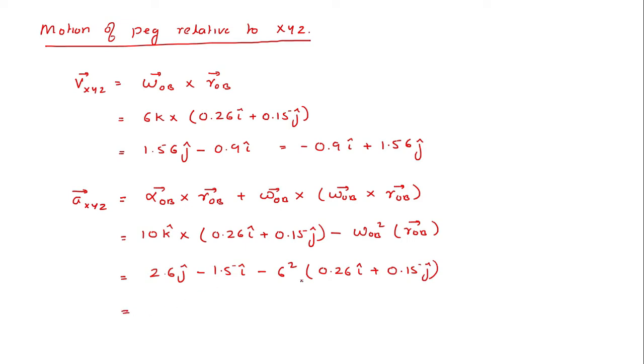So if you solve this, you would get minus 10.86 i cap minus 2.8 j cap. So here I have obtained the corresponding motion of the peg relative to the primary reference frame capital XYZ, because as such the peg is rotating with respect to a fixed point O.